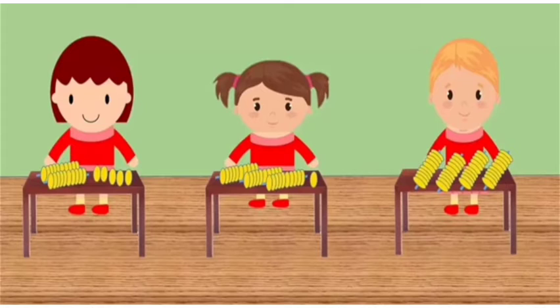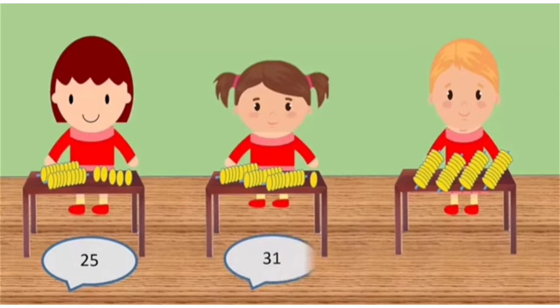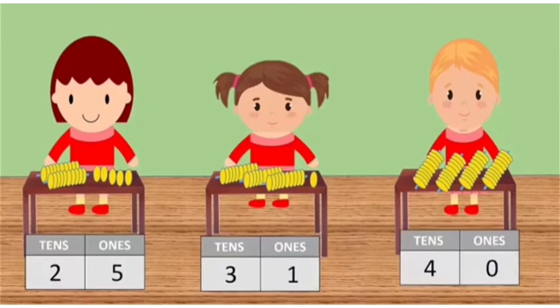See the numbers here? 25, 31, 40. Here, both the ones place and tens place have different numbers. So, how should the place value be checked? It is enough to see the tens place.